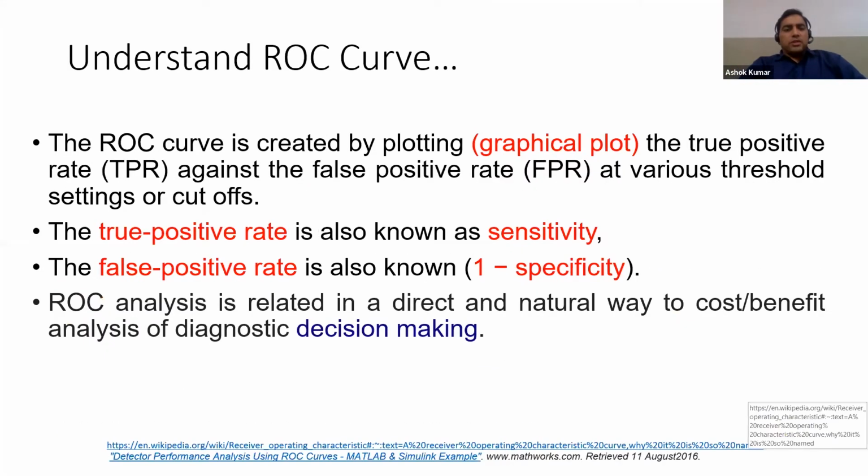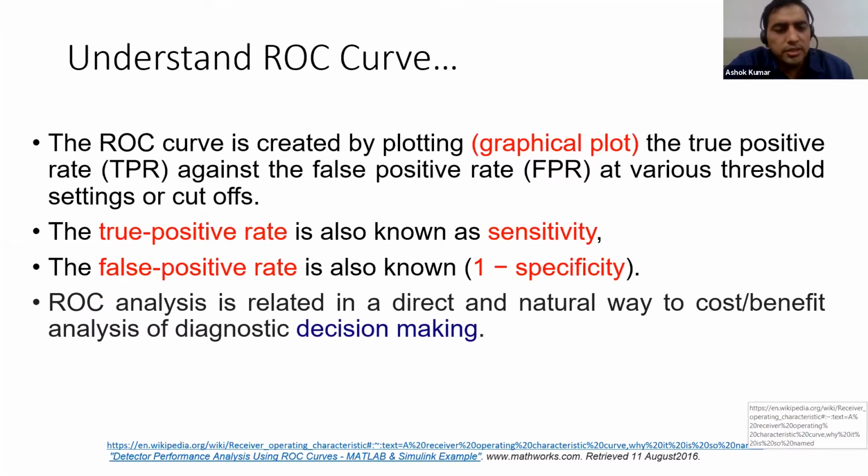The ROC curve is created by plotting the true positive rate, TPR, against the false positive rate, FPR, at various threshold cutoff points. The true positive rate is known as sensitivity. The false positive rate is known as 1 minus specificity, not specificity, because specificity is the true negative rate.